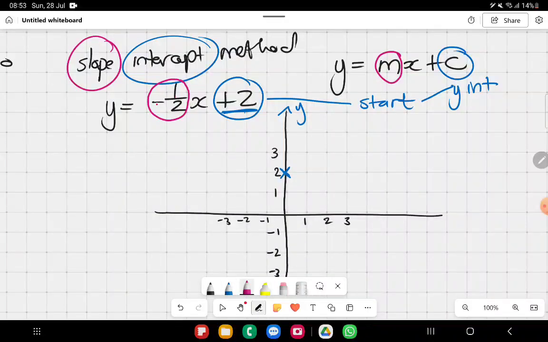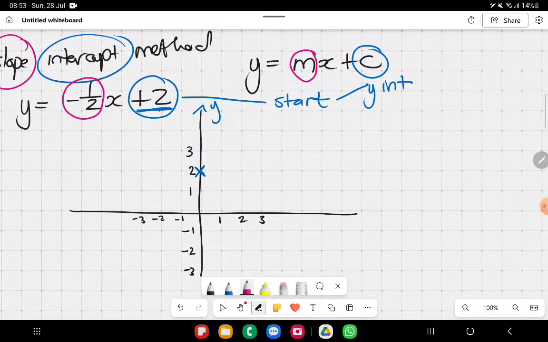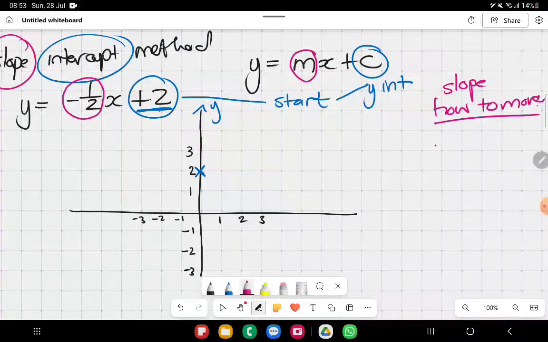Now I want to work on my slope. Now notice the slope tells me how to move. It's an instruction, okay? And my instruction says -1 over +2.